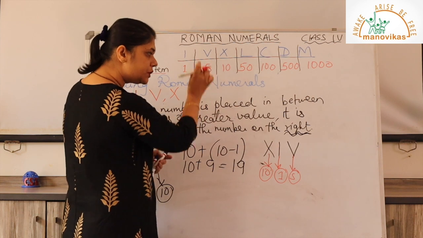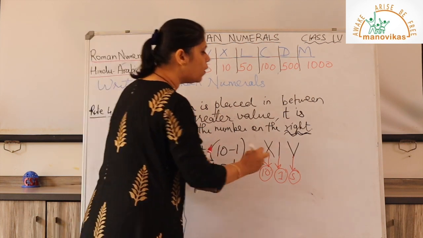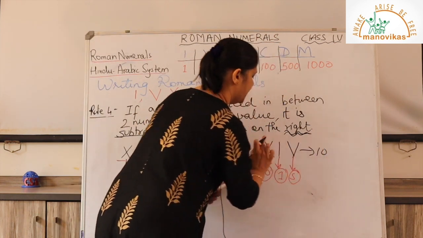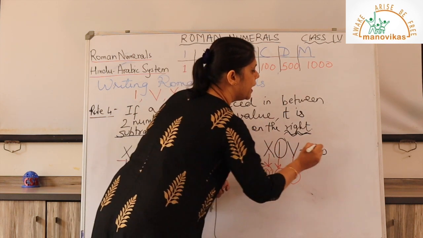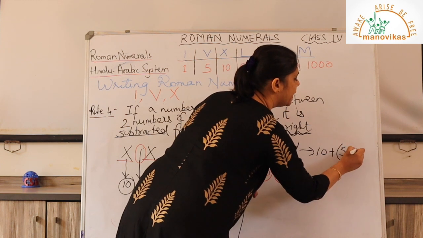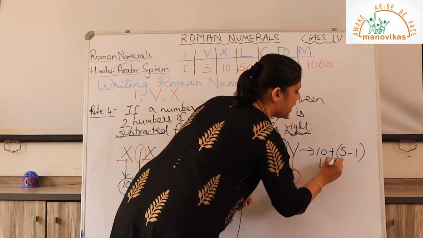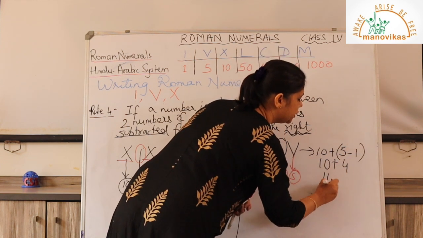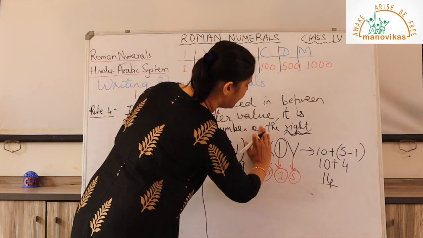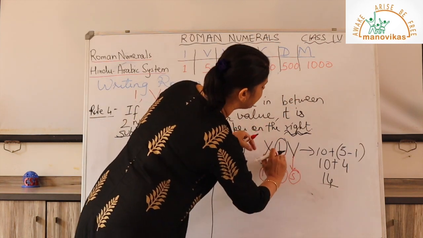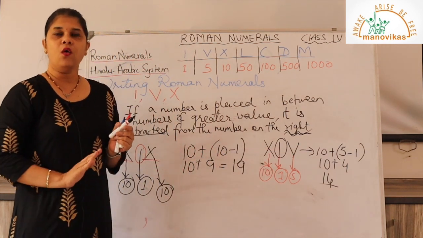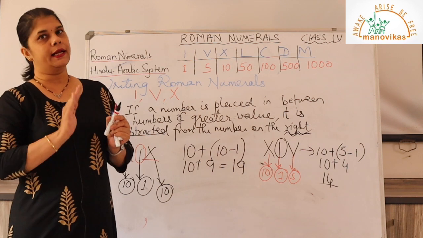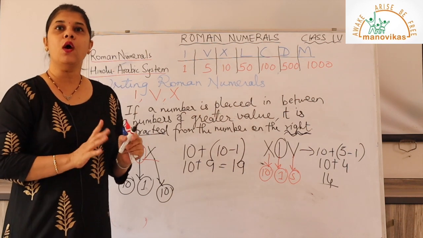So according to this rule, how will I read this number now? 10 plus 5 minus 1, that is 10 plus 4, 14, right? See, 10 plus 5 minus 1. So that is 14.